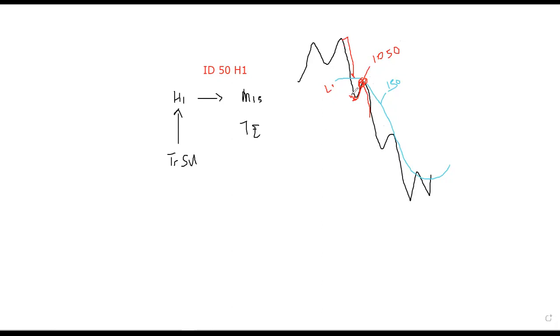Now, it is ideal for me to say that in a particular level consolidation or pullback, it is possible to have more than one ID50s, or you don't have ID50s at all on a particular level pullback. It is possible for you to have more than one ID50 setup trades, or you don't have any ID50 at all, right?